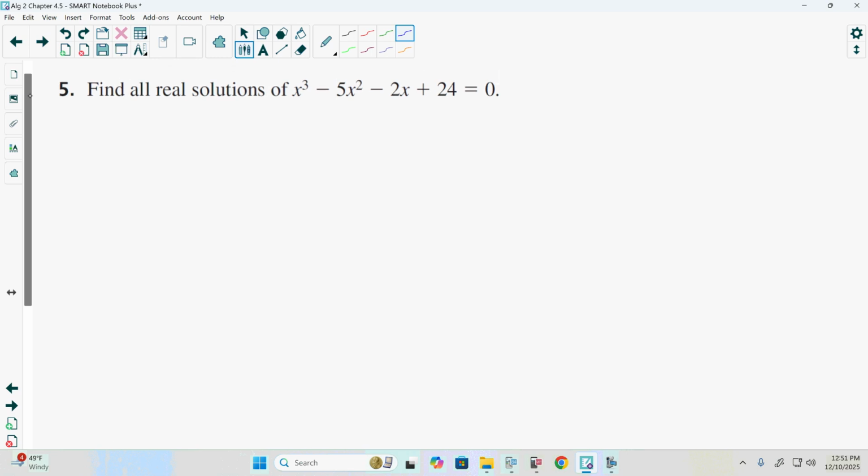So what we're going to start off with here is x cubed minus 5x squared minus 2x plus 24. And I think as y'all started figuring out, it's going to be very helpful to start with graphing.